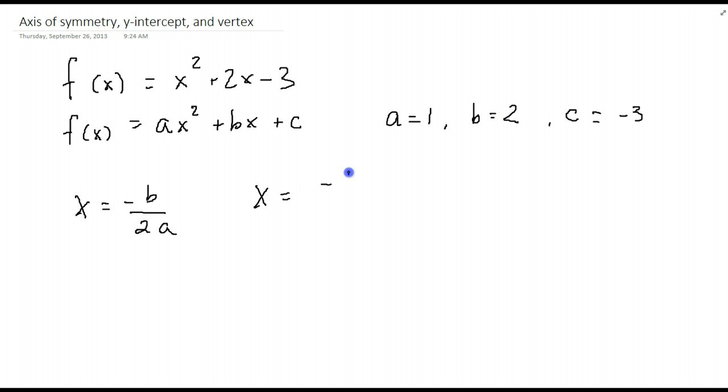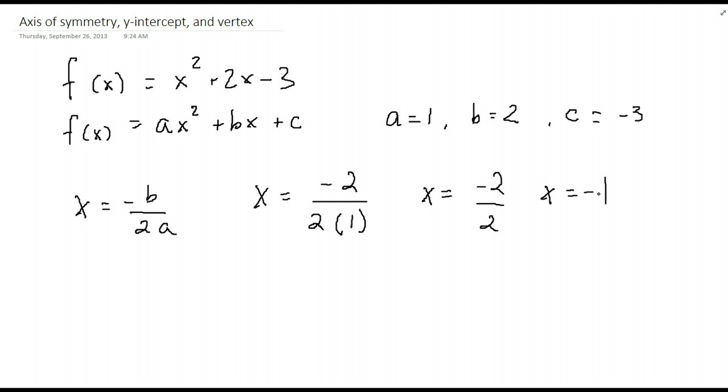So we'd have a numerator of -2 over 2 times our a value, and a we said is 1. So 2 times 1. So x equals -2 over 2. So x equals -1. So what does that actually mean?